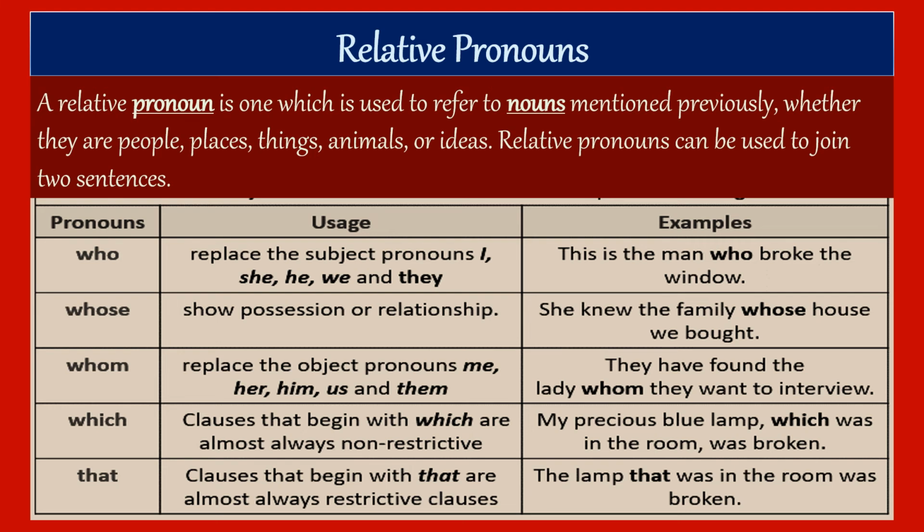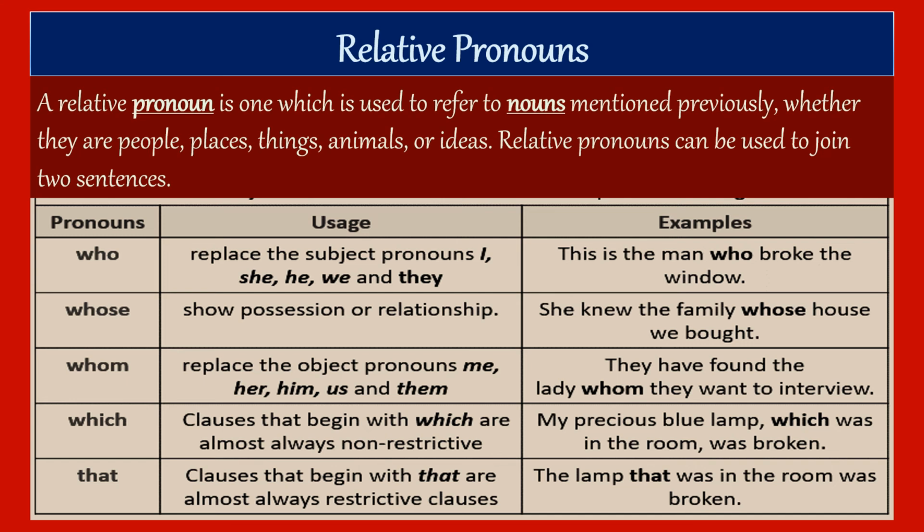Now here in this table, we find three columns: pronouns, usage, and examples. The first one is who, which replaces the subject pronouns such as I, she, he, we, and they. And the example is, this is the man who broke the window. Now who has been used instead of he, and he was to be used for man.